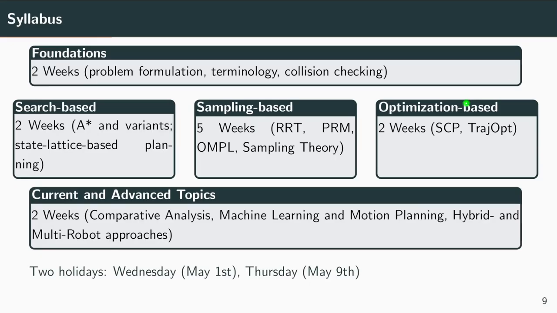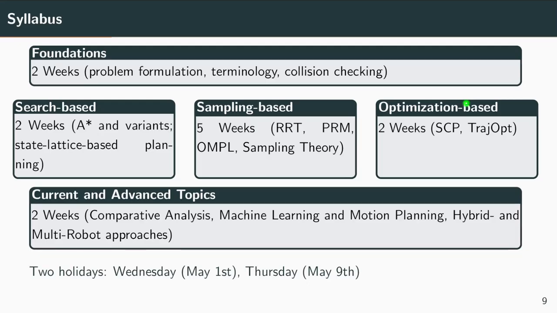We will first spend about 2 weeks, including today, on foundations, which means what is motion planning, how can we formally define it, how do some of the concepts work, like collision checking, and other important terminology in our domain. And then we branch out sequentially, but we look at 3 different classes of algorithms that can solve these sort of problems that we defined at the beginning.